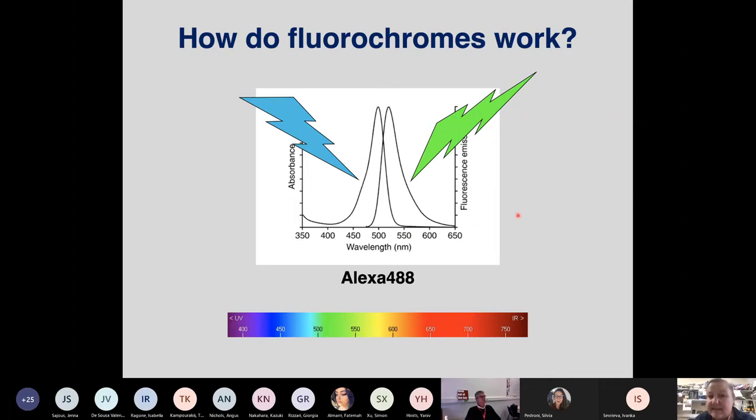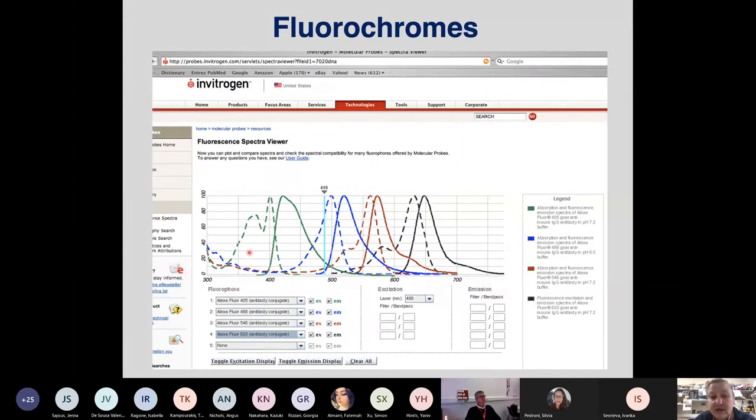Now this is not what fluorochromes always have. Because when you see here a comparison of four of these Alexas, in the different shades that work in combination, you can see, yes, the Alexa 488 has narrow peaks, but the other ones have bumps.